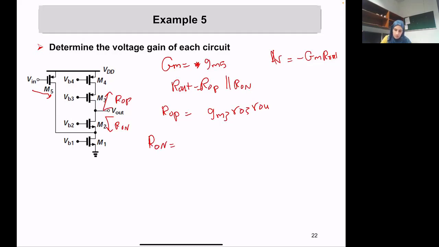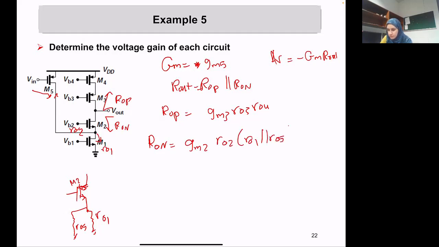So we see, so we will have GM2 times R out 2 times R out 1 in parallel with the R out 5.